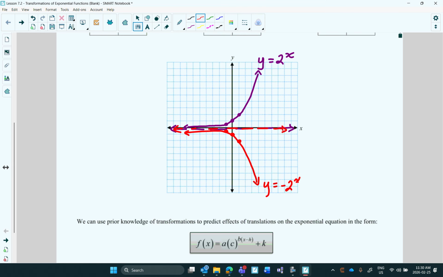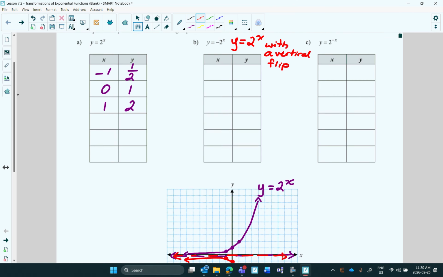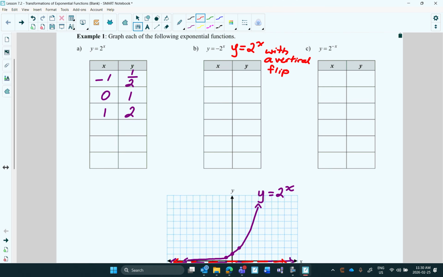Without a table of values again, how do you think you do this one? Remember, this is inside the function now. We're inside. That means everything that's happening is horizontal. And a negative means a flip.